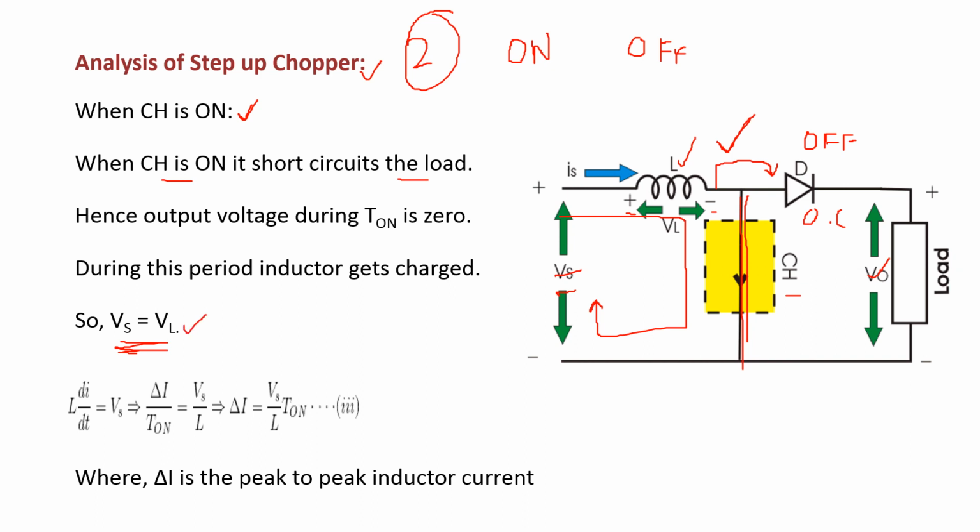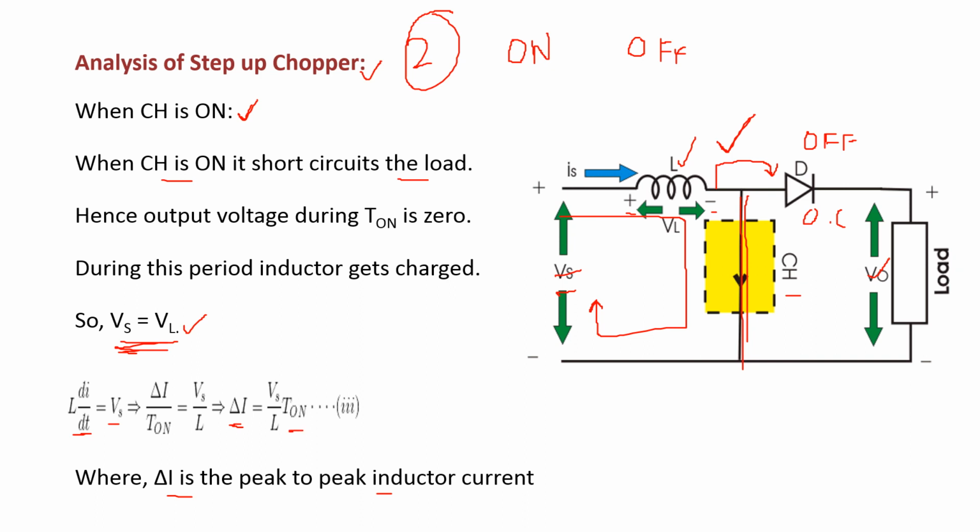Here we know VL is nothing but L into di by dt, that is equal to Vs. From that we are going to find out the di. Here di is the peak to peak inductor current, given as Vs by L into T on.